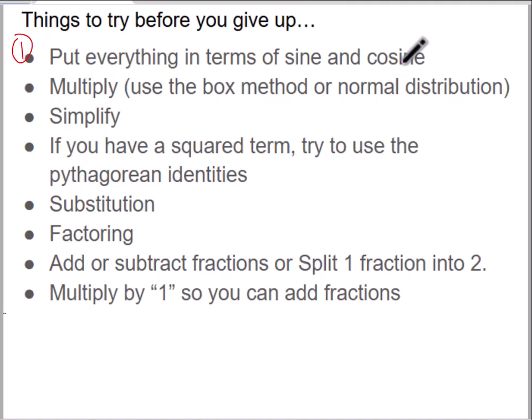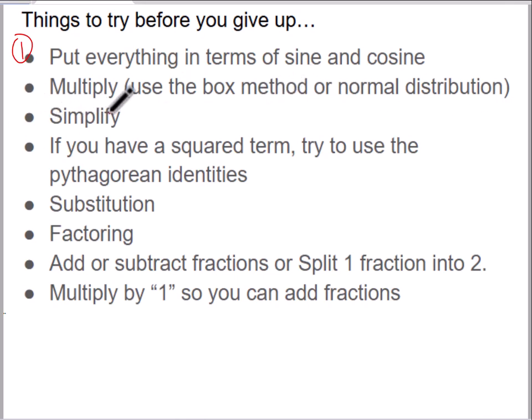Sometimes that's really helpful to do first, before anything else, to see if some things will simplify. Multiplying is great. If you could use the box method somewhere, or just distribute, that could also be really helpful.